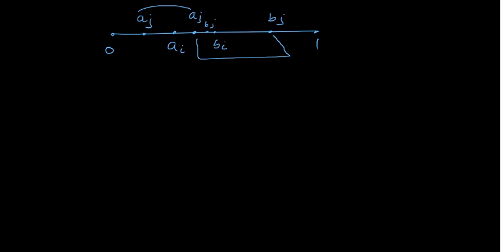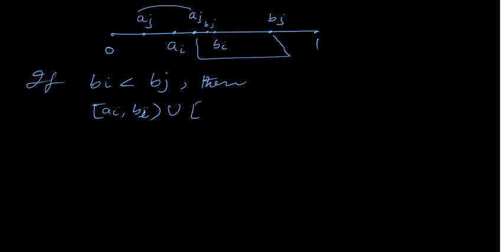So in case BI is less than BJ, then AI BI union AJ BJ, in that case it's equal to AI BJ.